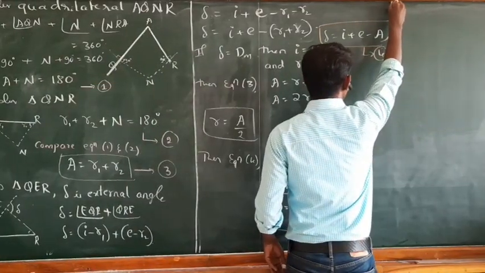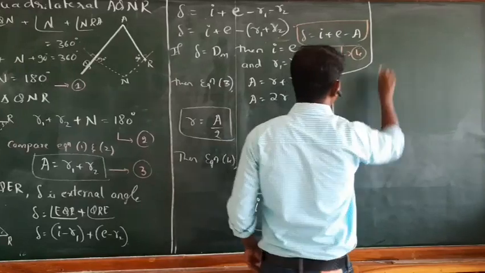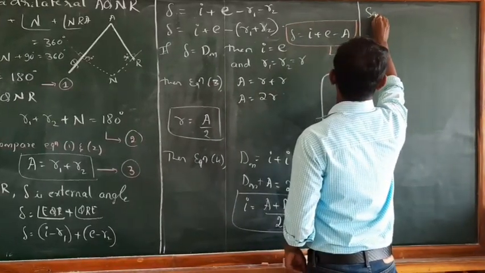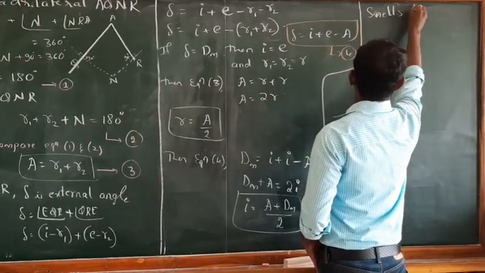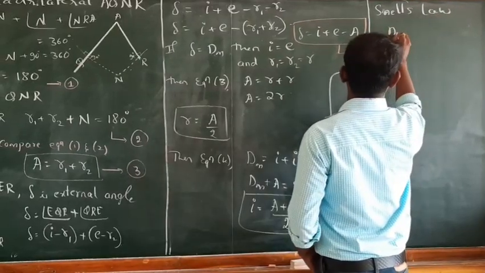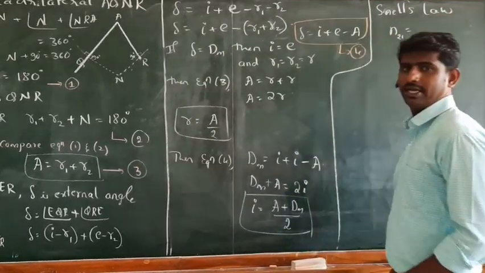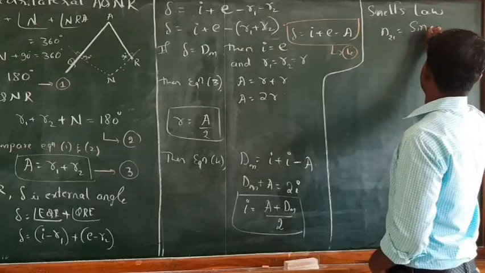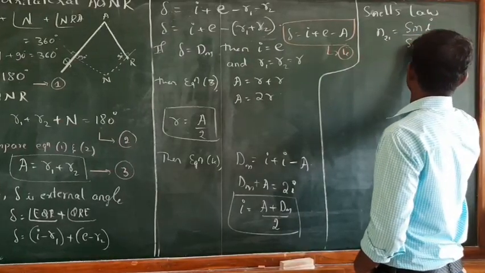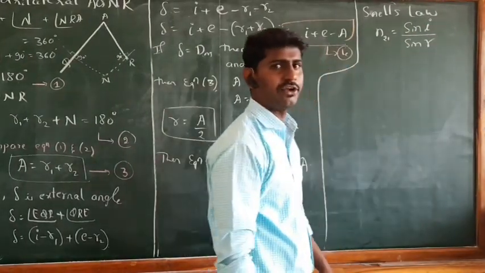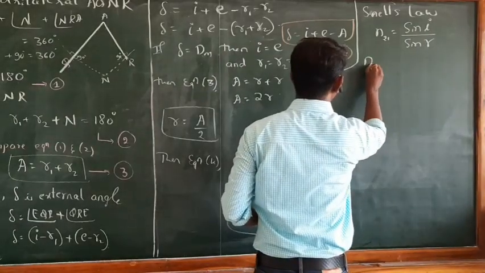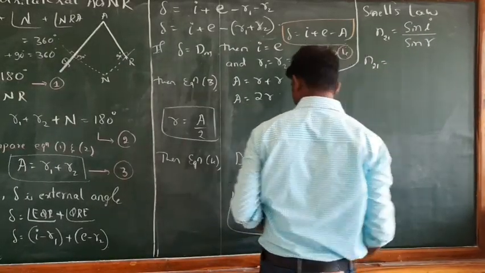Next, by Snell's law. What is Snell's law? The refractive index of the second medium with respect to the first is equal to sine of I divided by sine of R. So n21 is equal to sine of I divided by sine of R. What's the value of I here?